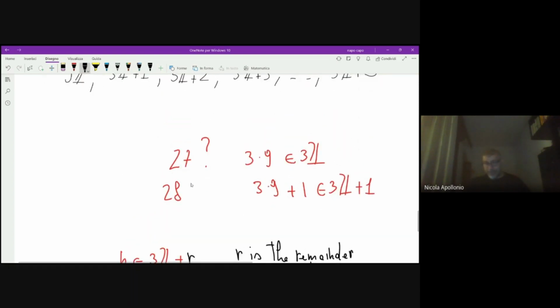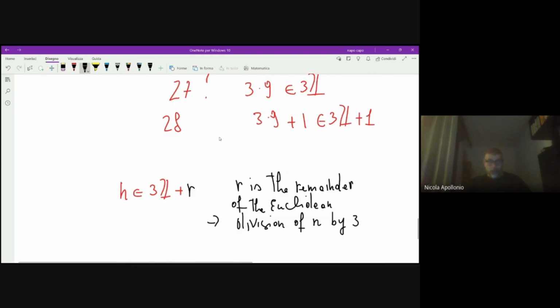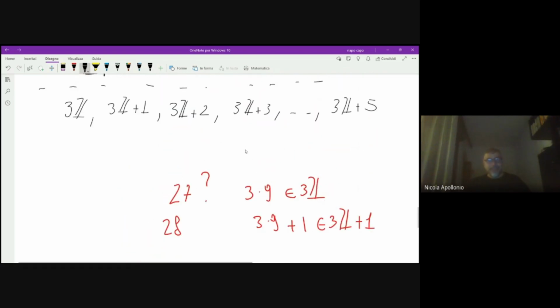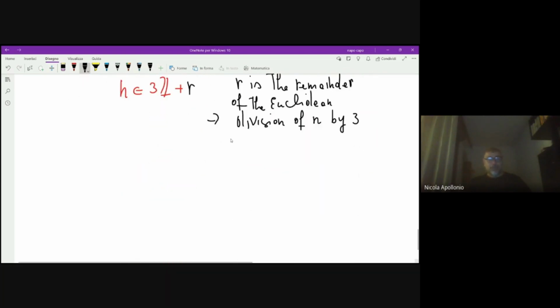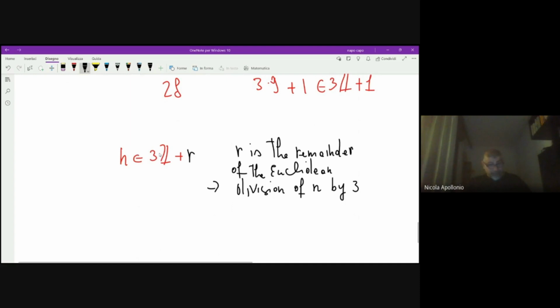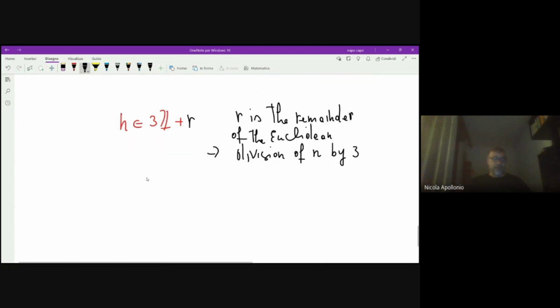Do you understand that? We did several examples to explain why this is true, because of course n can always be written as a multiple of 3 plus r, always.